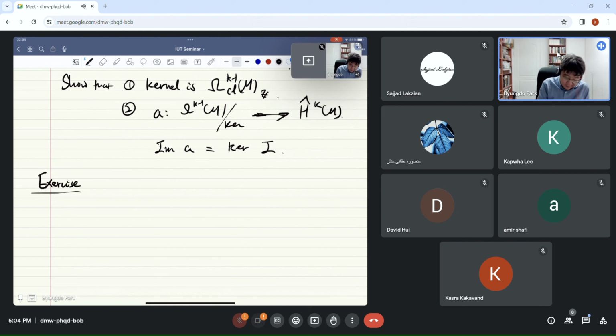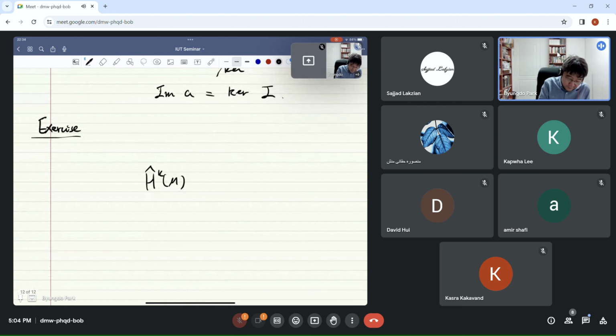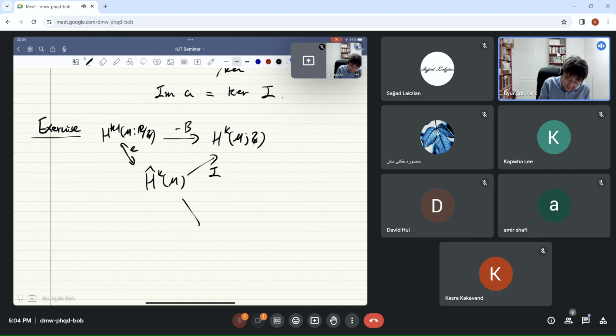Now, you have this H hat in the middle. Then you want to see these triangles are commutative. So this is the E map, and this is minus Bockstein, and this is degree k integral cohomology, and this is the I map that we defined, and this is the R map we defined.